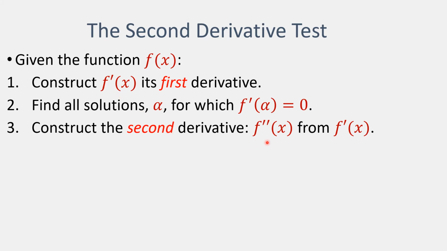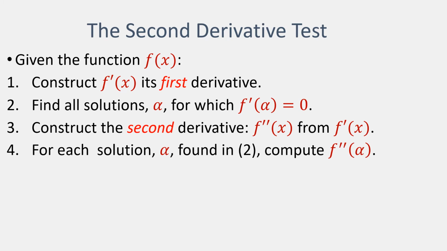So we can find that out just by using exactly the same techniques that I described at the end of the last lecture. The next stage of the second derivative test, we take each of the values that we found in step 2, and we compute the value of the second derivative function on those inputs.